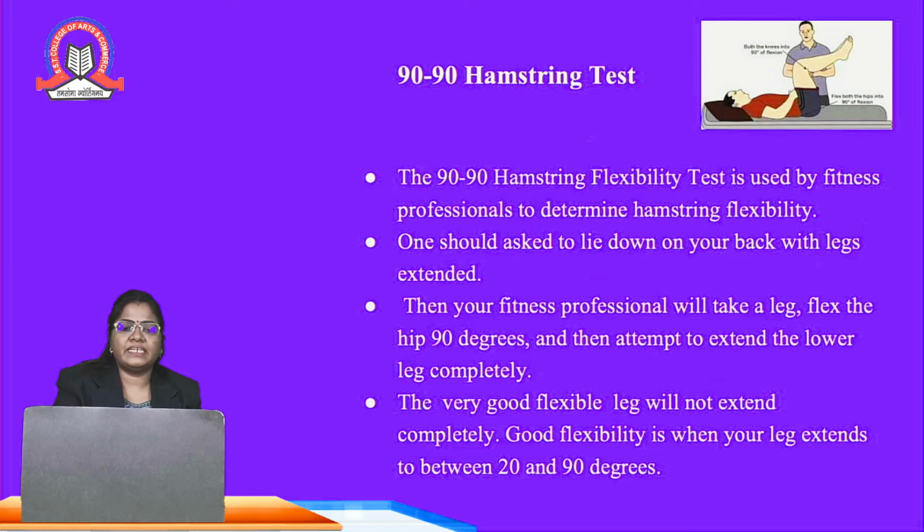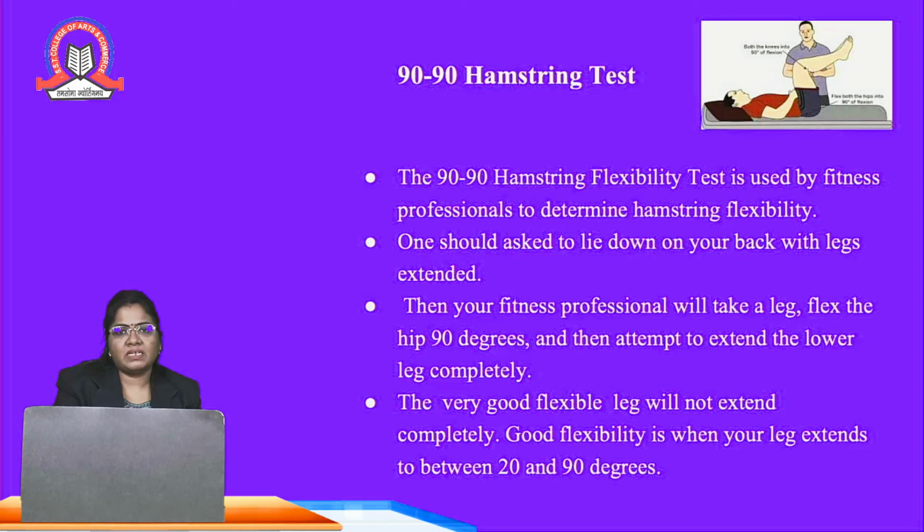Next one, 90-90 hamstring test. The 90-90 hamstring flexibility test is used by fitness professionals to determine hamstring flexibility. You will be asked to lie down on your back with the legs extended. Then your fitness professional will take a leg, flex the hip 90 degrees, and then attempt to extend the lower leg completely.